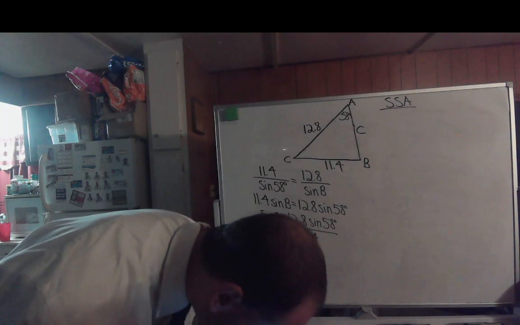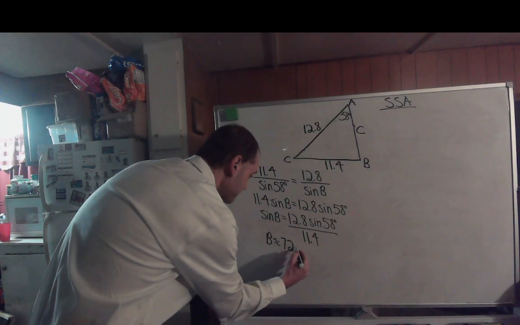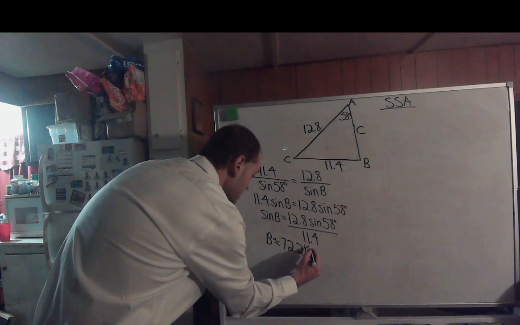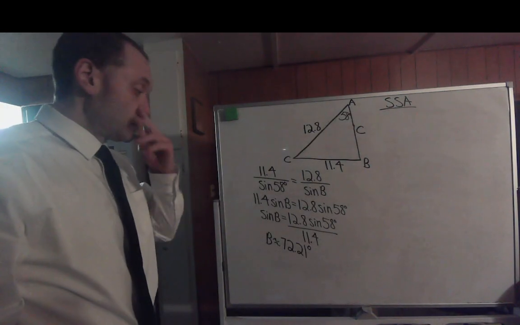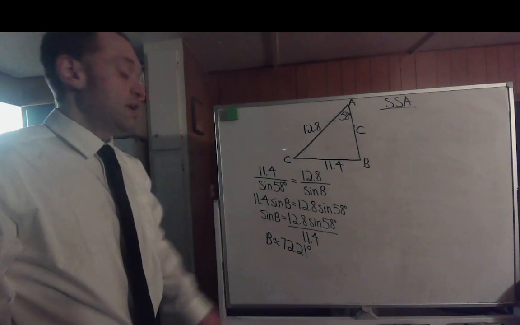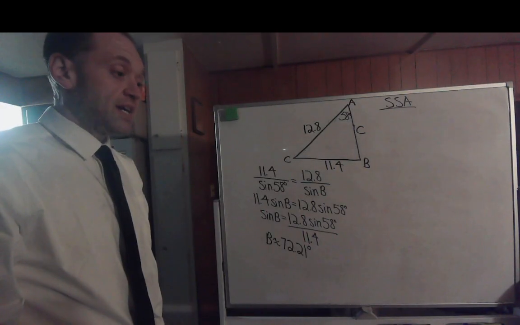For an angle, so you get approximately 72.21 degrees for angle B. So we do know there's at least one triangle. So we did get a degree measure. Now, here's the other question. Is there a second triangle?